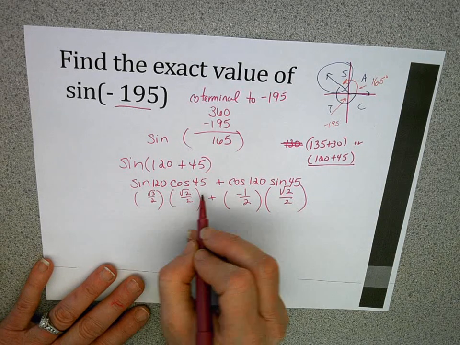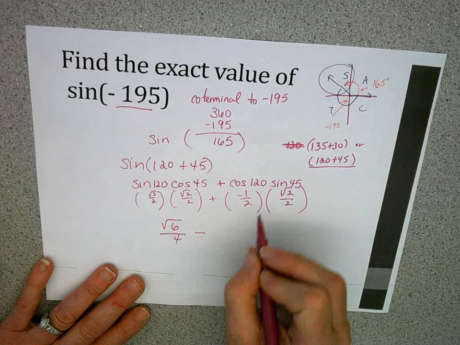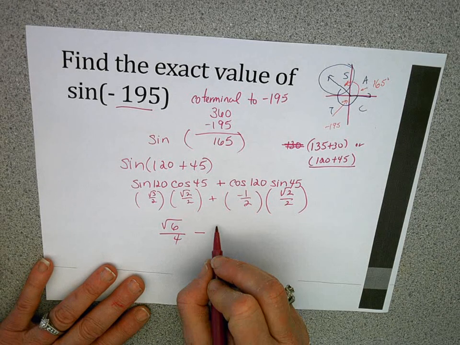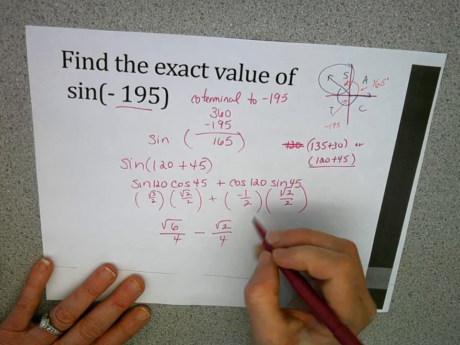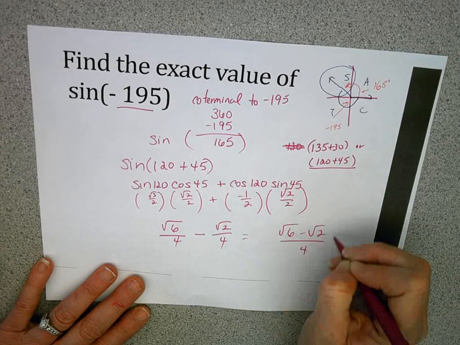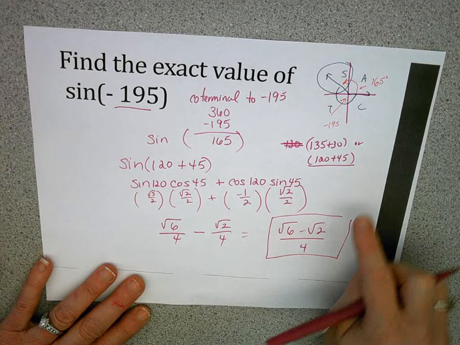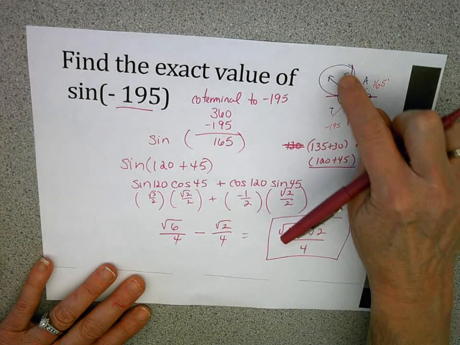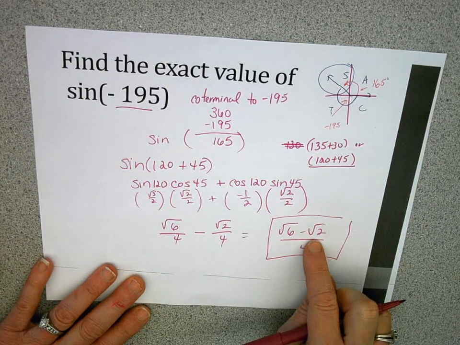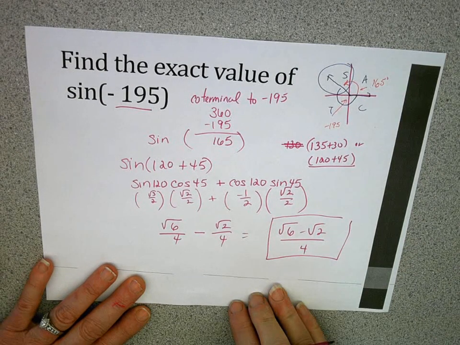So if we multiply straight across, we get radical 6 over 4 minus, or plus a negative, whatever you want to put, radical 2 over 4. So our answer is radical 6 minus radical 2 over 4. Again, signs in quadrant 2, we should get a positive answer. Radical 6 minus radical 2 is a positive number over 4, so we do get a positive.